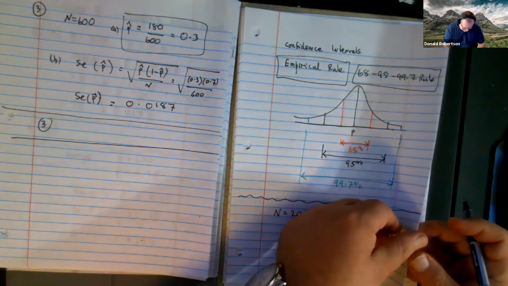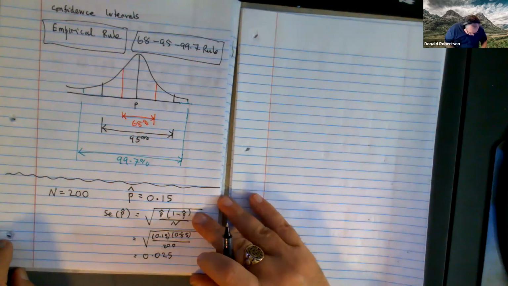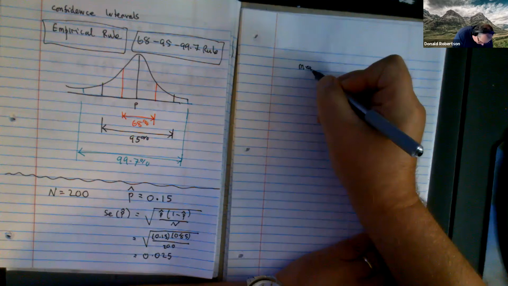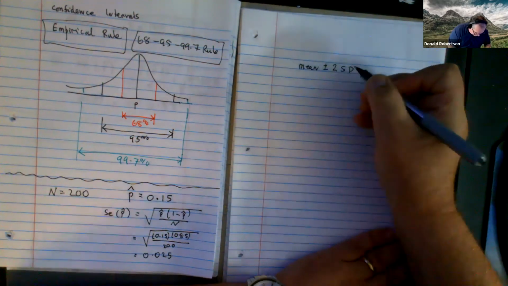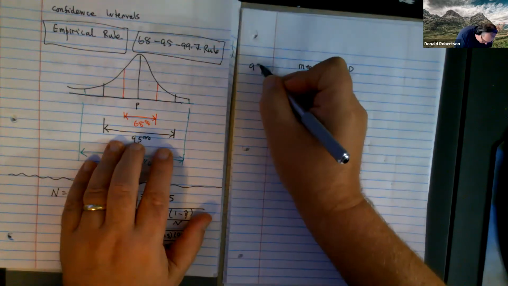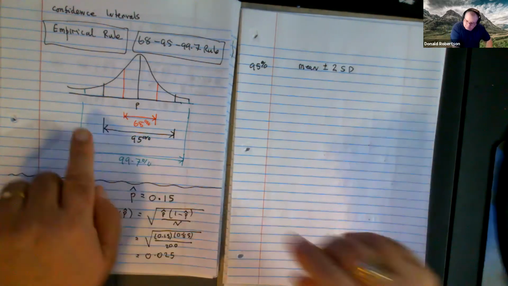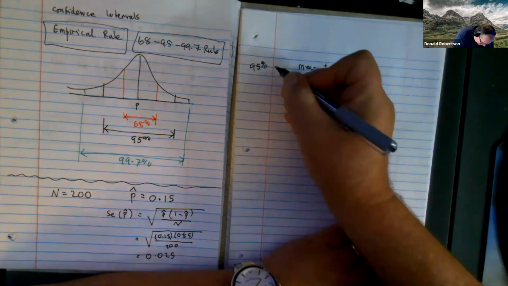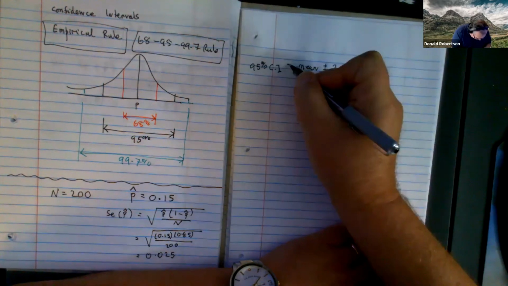Now, the empirical rule is going to kick in. If you take the mean and you add and subtract 2 standard deviations, don't you get 95% of the data? Right? And we're going to call that a 95% confidence interval. Now, I know what the mean is.